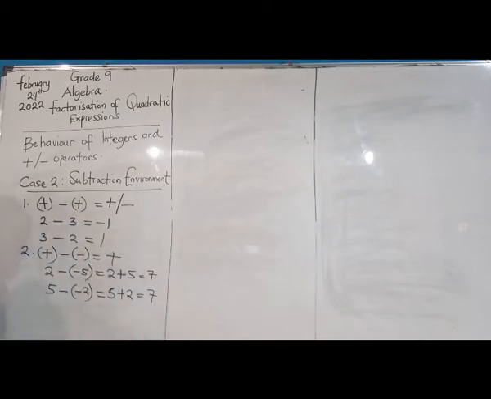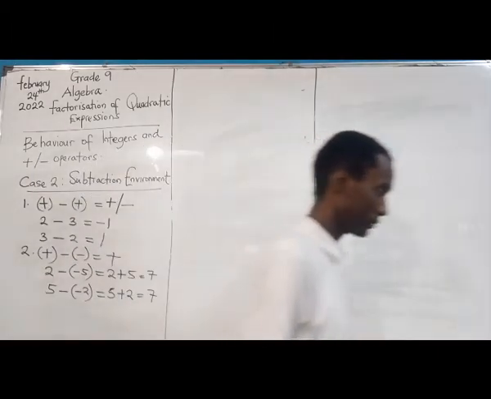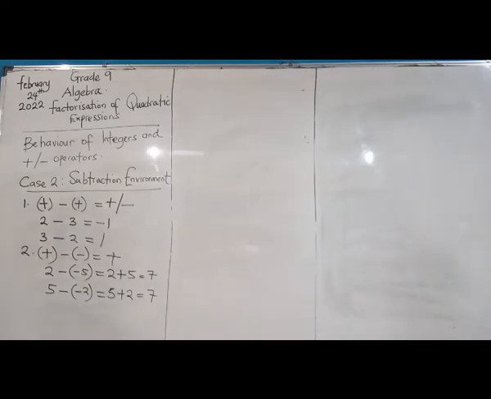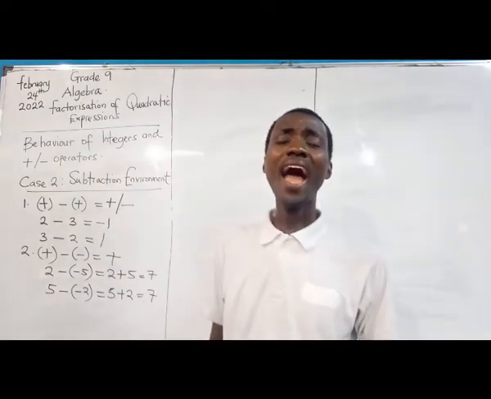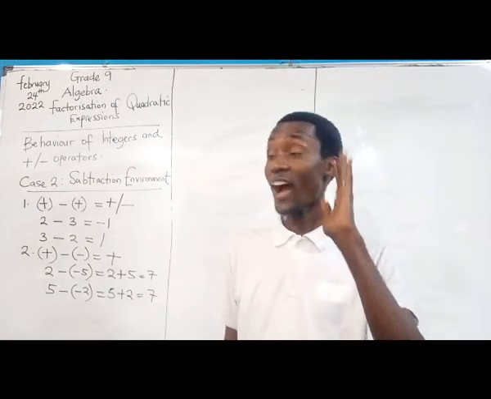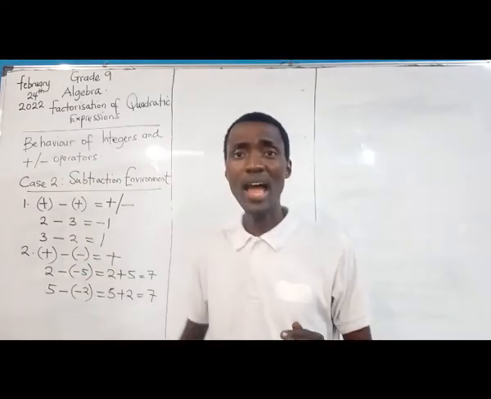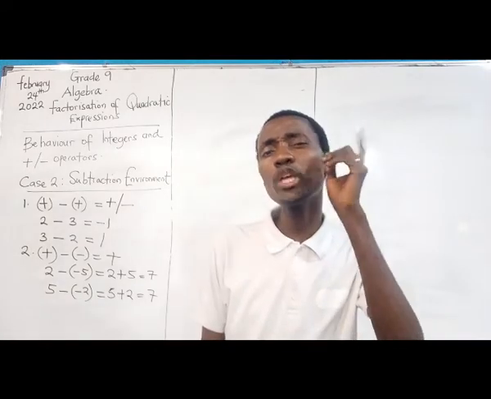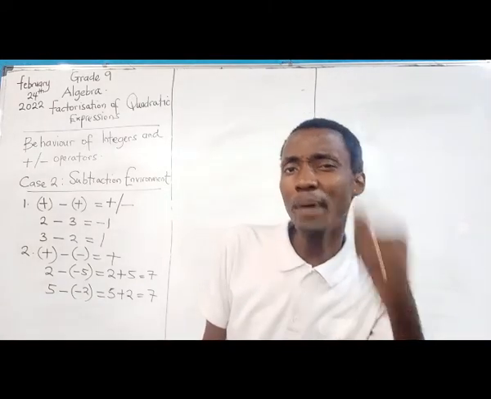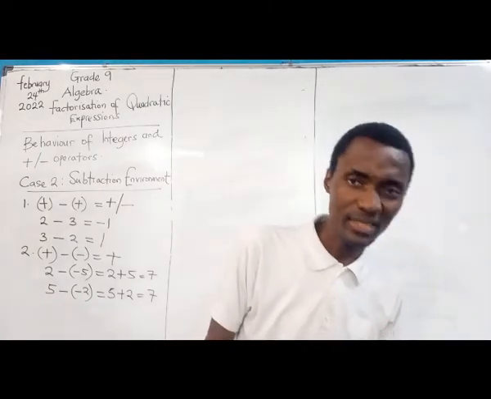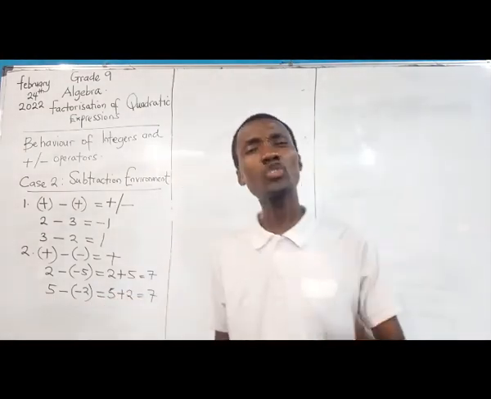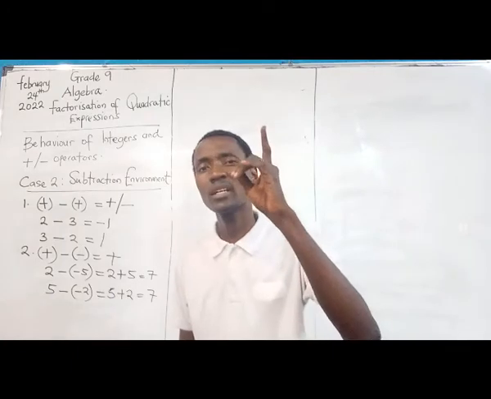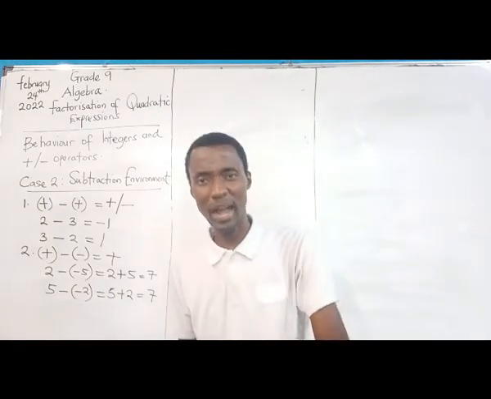So my answer is positive. Now let me try to paint what this question is like. I have 2 naira and somebody was owing me 5 naira, paid me back. How much am I having? 7 naira. I have 5 naira and somebody was owing me 2 naira, was willing to pay me back.